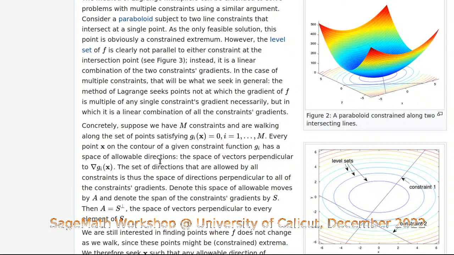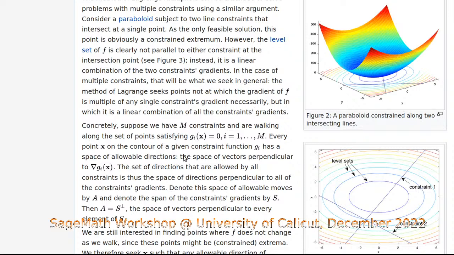This is a problem taken from Howard Anton's calculus book. Suppose that we have the surface x squared plus y squared plus z squared equal to 36, which is a sphere with radius equal to 6. Now, what we are trying to do is find a point on this sphere which is closest to the point (1, 2, 2).